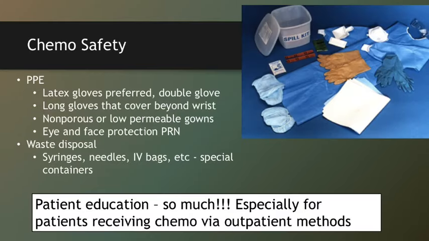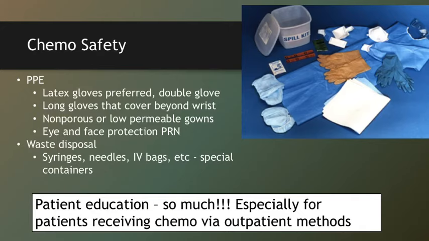All right, chemo safety, PPE. They want you to use latex gloves, preferred. They're thicker than the nitrile. And they want you to double glove. You put one pair of gloves on, you put that gown on that's not very permeable to liquids, and then you put your other pair of gloves on over the cuff. And those are non-porous or low permeable gowns, and they want your gloves to come up higher than the regular gloves.